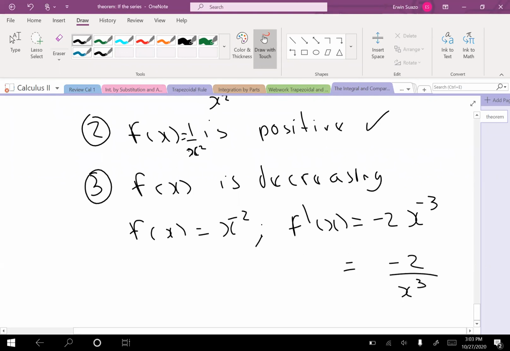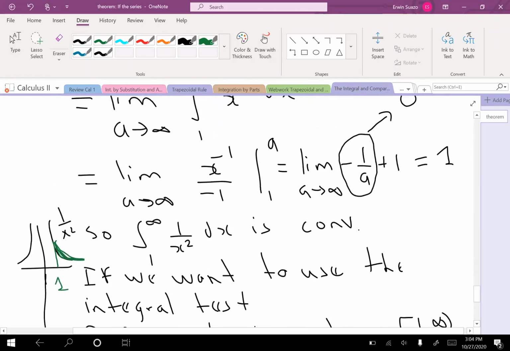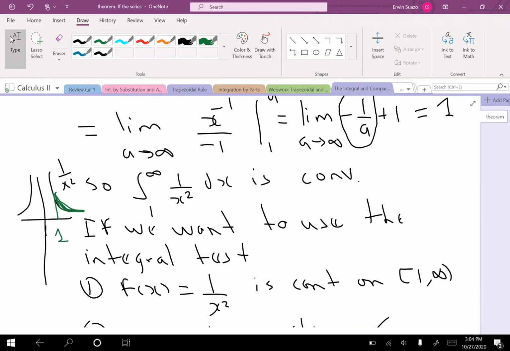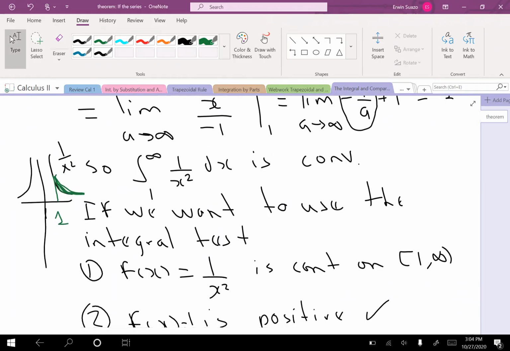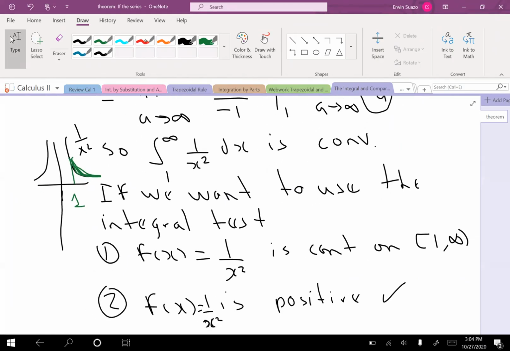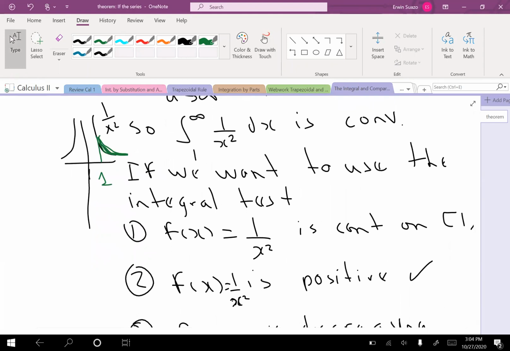And since that is negative, f is decreasing on 1 to infinity. So why 1? Because sequences start at 1, right? From minus infinity to 0, the function is increasing, but I don't care about what is happening before. I care about what happens after 1, because a sequence starts at 1.